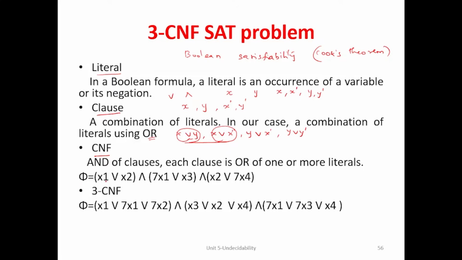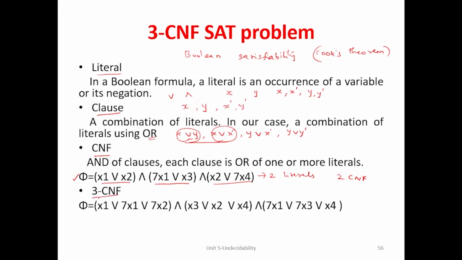For example, I take x1 OR x2 as one clause, negation of x1 OR x3 as the second clause, and x2 OR negation of x4 as the third clause. I combine these three clauses with the AND operation, so it is called CNF. But in this CNF, each clause contains only two literals, so it is called 2 CNF.